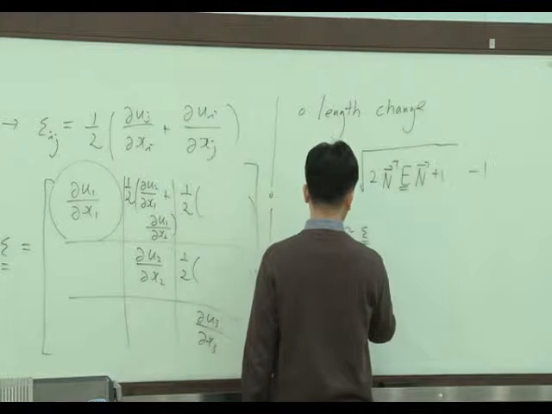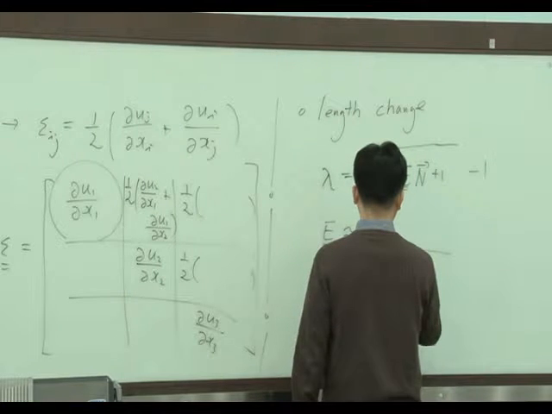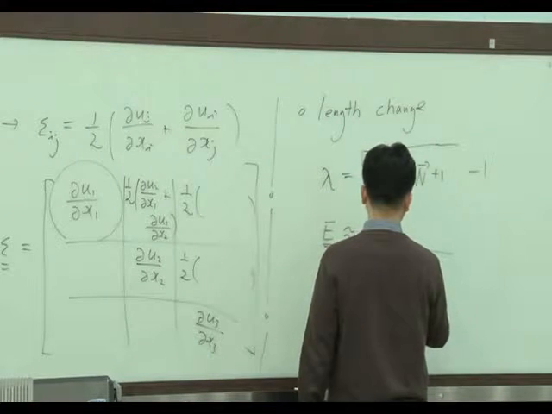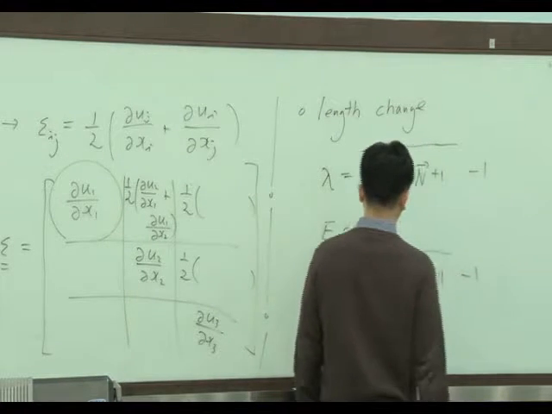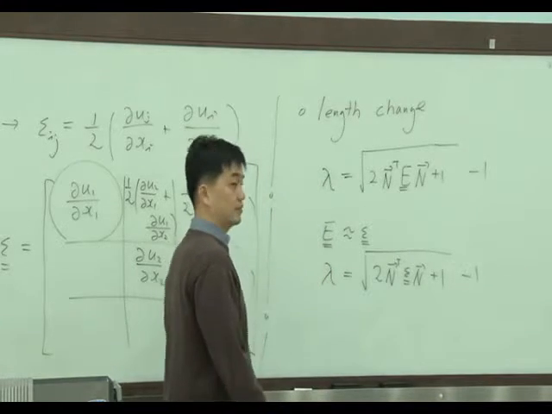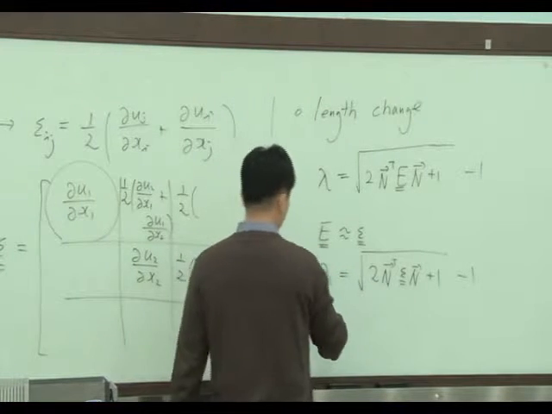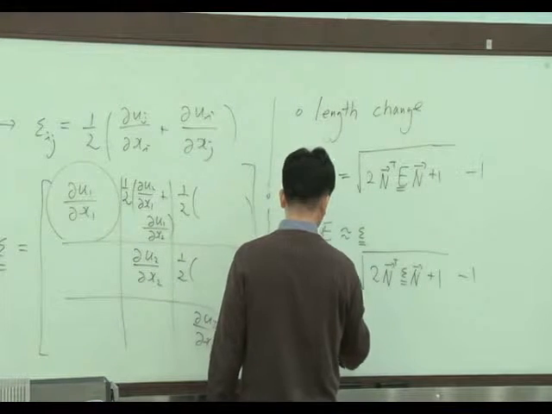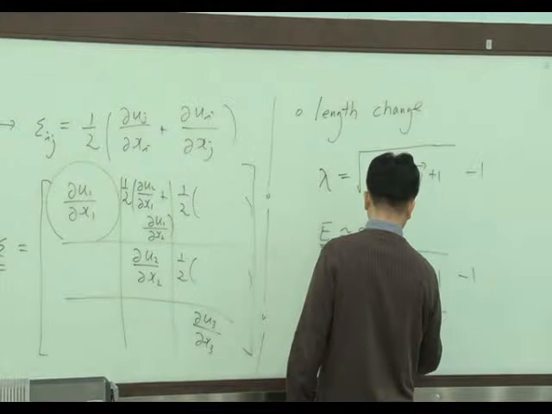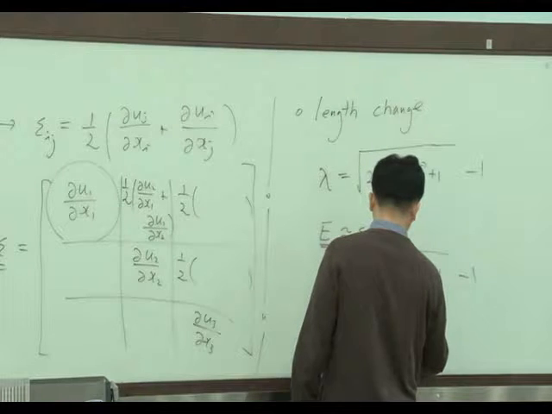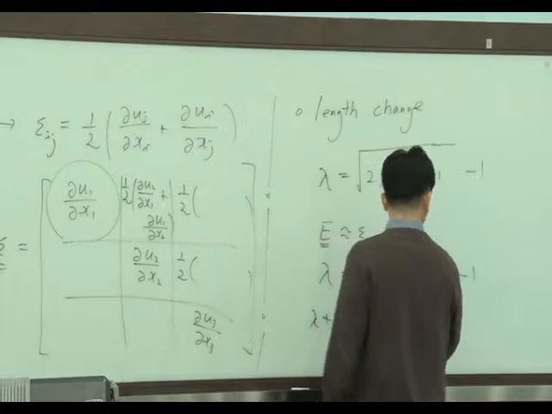Then lambda equals the same equation: n transpose small strain n plus 1, minus 1. Then let's move minus 1 to the left hand side. Then lambda plus 1 equals 2n transpose small strain n plus 1. Okay?